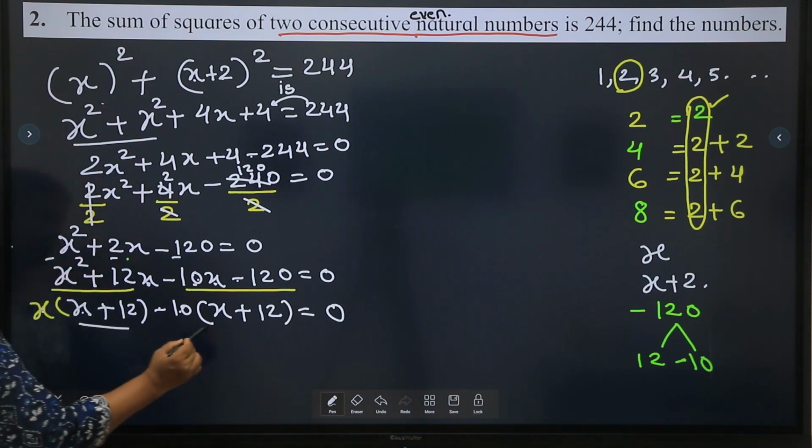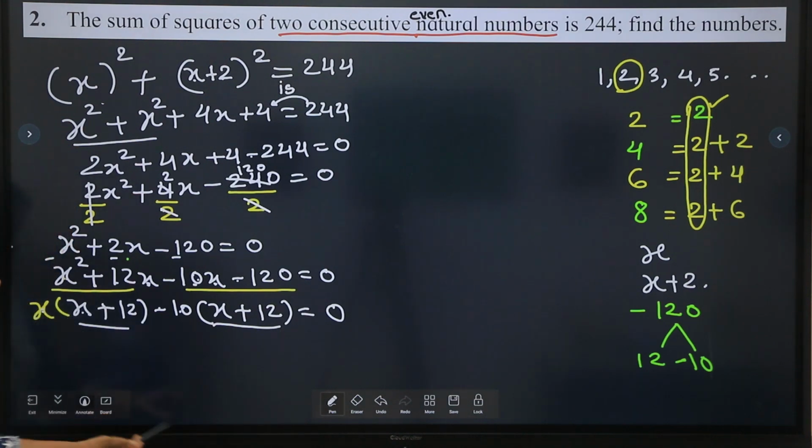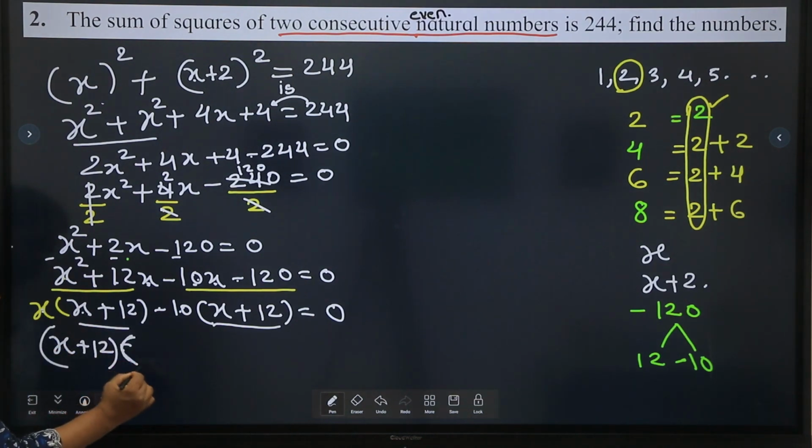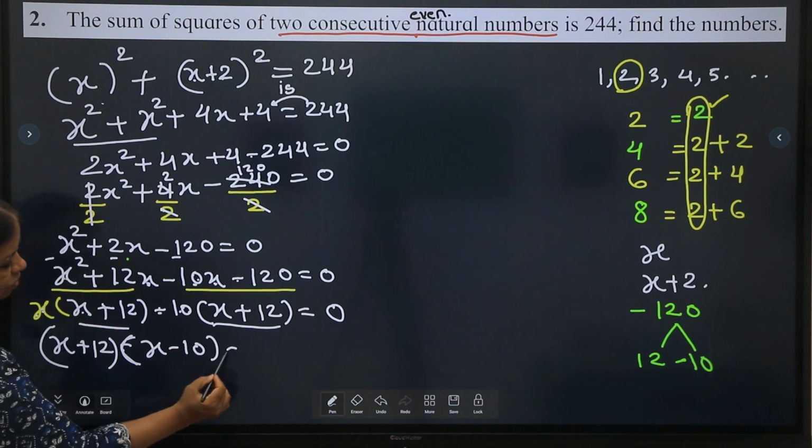So x plus 12 is twice, it will be taken once. So x plus 12 into x minus 10 is equal to 0.